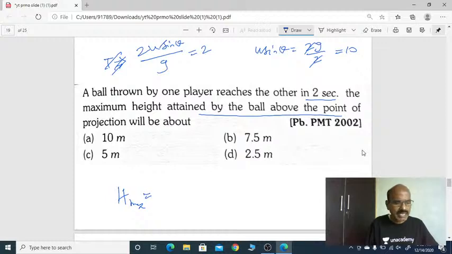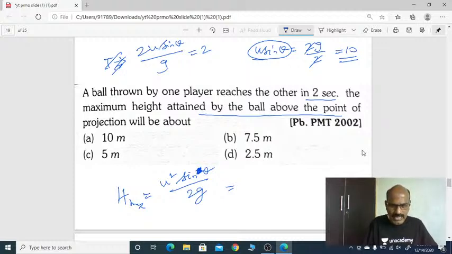We know that h maximum equals u square sin square theta by 2g. Here u sin theta is 10, so u square sin square theta is 10 square by 2 into g. So 100 by 20, you will get 5 meter.